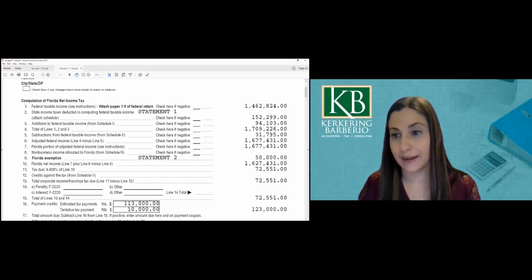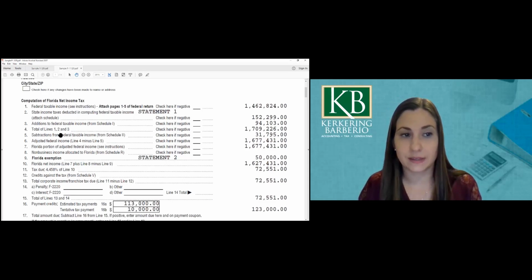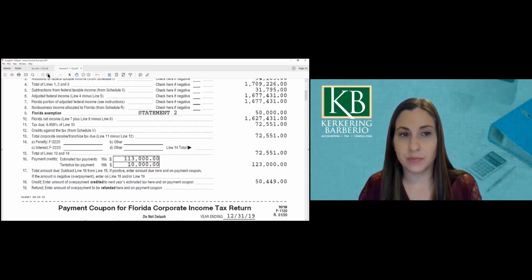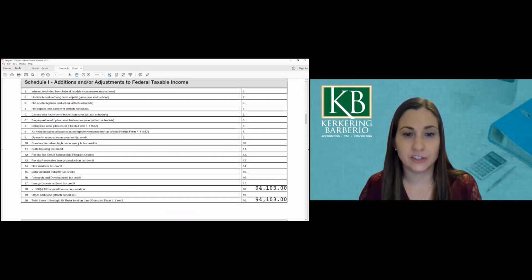So they're added back to income. We also have some other federal differences here on the addition and subtraction line. And as we move on to the next page, we can look and see on line 18 that they are referring to code section 168K.